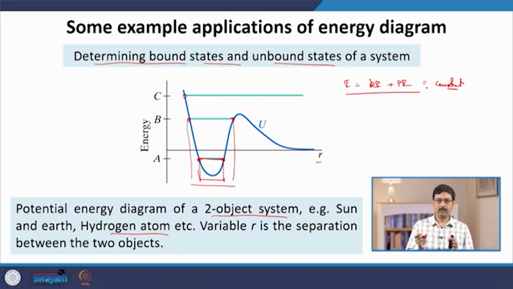Its distance from the sun varies, but within a range, it cannot be anything. Whereas, position C can, for example, represent the motion of a comet. It also moves around the sun, and it can have a closest approach to the sun, but there is no limit on the furthest approach. So, the motion of the comet around the sun is not bound.